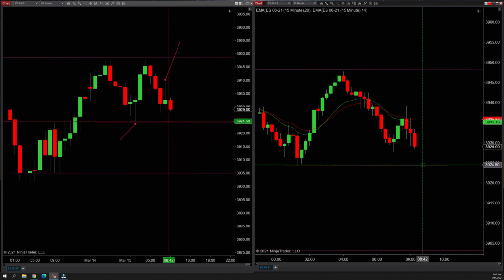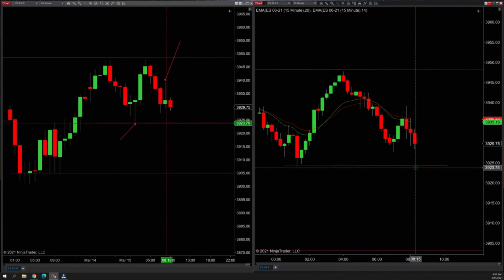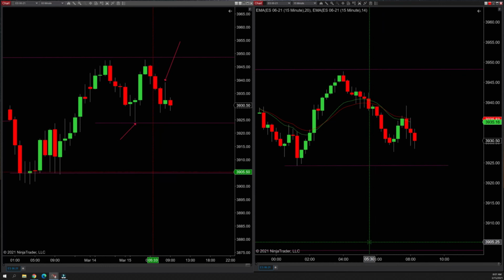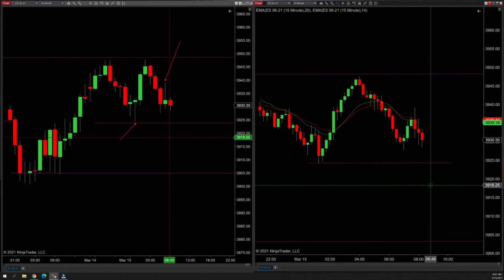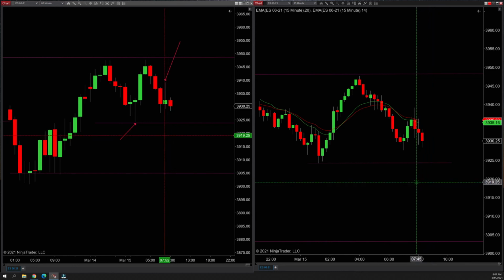I can put my stop loss at break even, knowing there's a decent chance that it's going to bounce and I'm going to get stopped out. But I'm in the trade for free by the time I get down here, right? And if I end up with a 1-to-1 or 1 to 1.5 risk to reward, I can take that if I want, which I probably won't do, but you can.